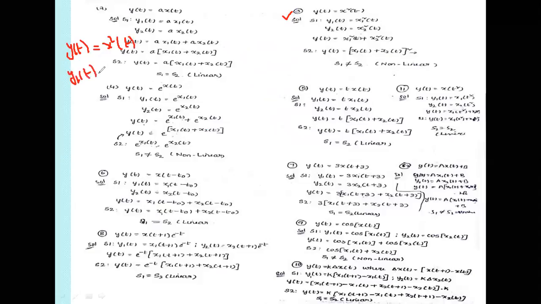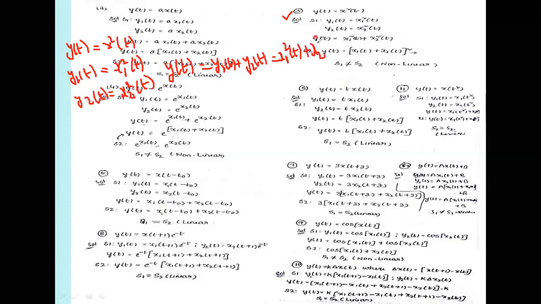Taking individually with the input of x1, y1 of t is x1 square of t, and y2 of t is equal to x2 square of t. Add the two signals. y of t is equal to y1 of t plus y2 of t, that is equal to x1 square of t plus x2 square of t.